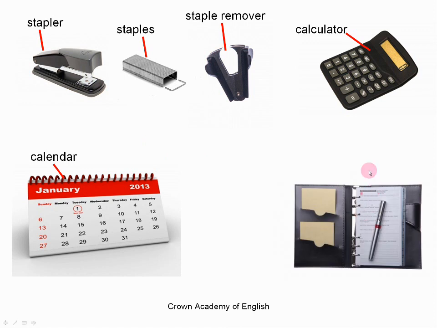And this is called either an agenda, or we can call it a personal organizer, or sometimes we call it a diary. Okay. I think the most common word for it would be diary or personal organizer.